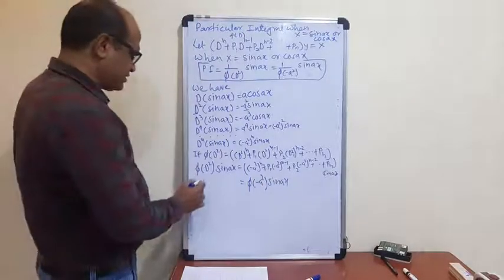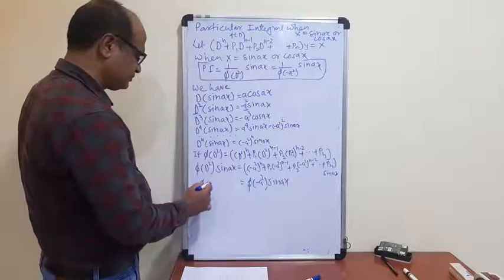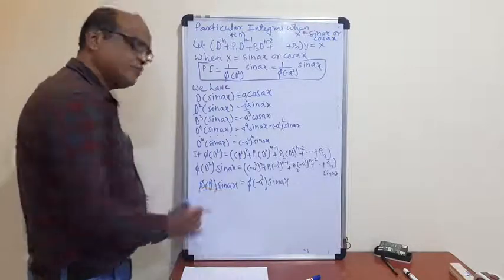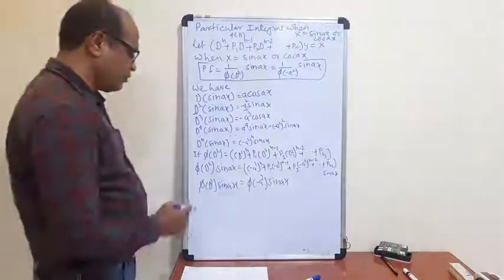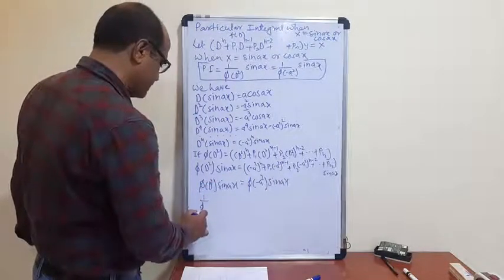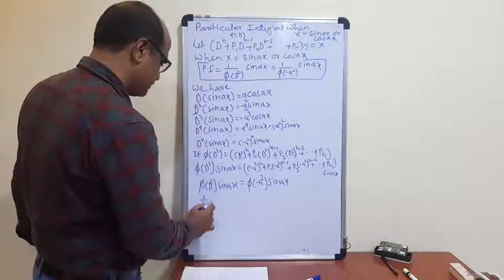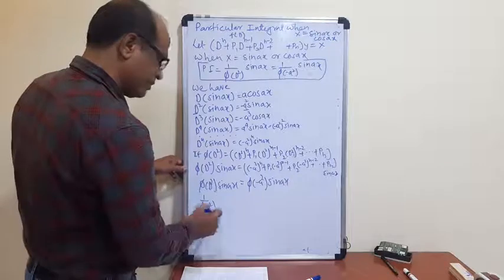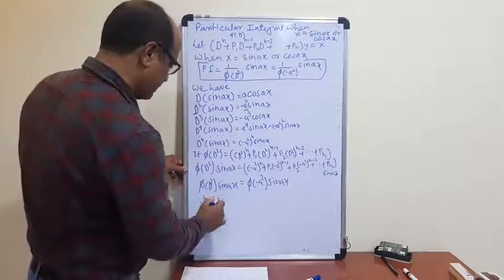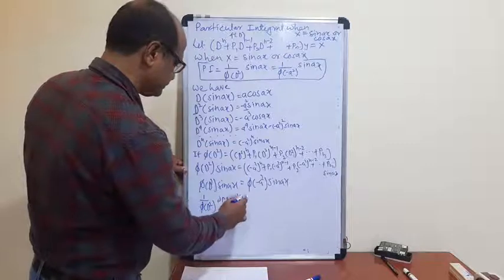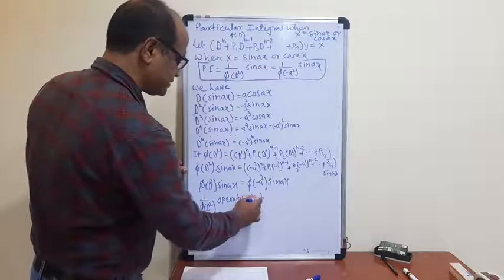So phi of d square sin x is equal to phi of minus a square sin ax. Now we operate 1 upon phi of d square on both sides.